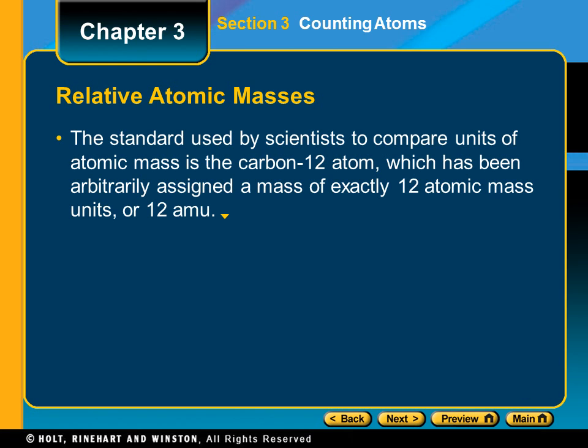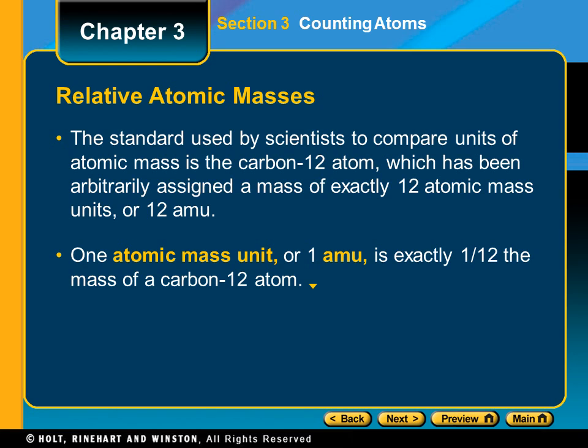Now, what about the relative atomic masses of what we're talking about here? The standard used by scientists to compare units of atomic mass is the carbon-12 atom, okay, another isotope of carbon, which has been arbitrarily assigned a mass of exactly 12 atomic mass units, or 12 AMU.